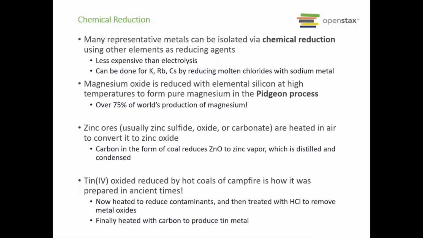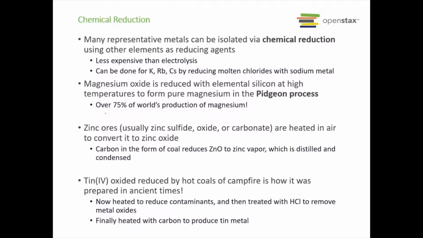So chemical reduction is another way of isolating some representative metals. It is less expensive than electrolysis, and it can be done for potassium, rubidium, and cesium by reducing molten chlorides with sodium metal. So we still have to have other elements as reducing agents. So magnesium oxide is reduced using elemental silicon at high temperatures to give us pure magnesium in what is called the Pigeon process, not the bird.